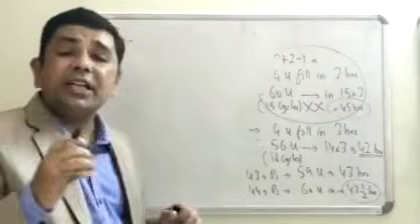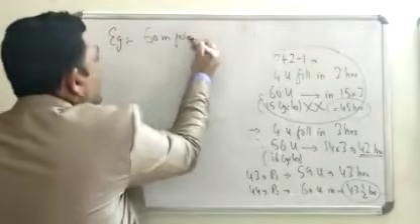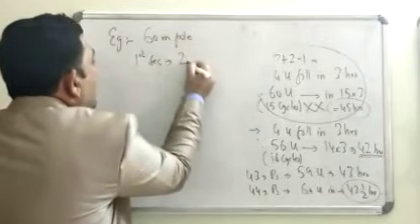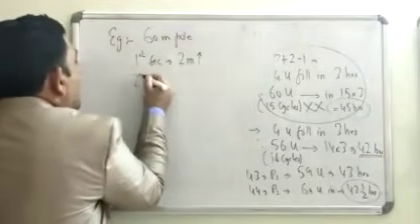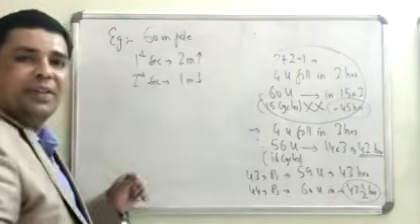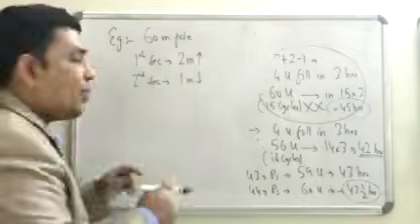Let me give you a very popular example. A monkey is climbing a 60-meter pole. In the first second, it climbs 2 meters. In the second second, it drops 1 meter.